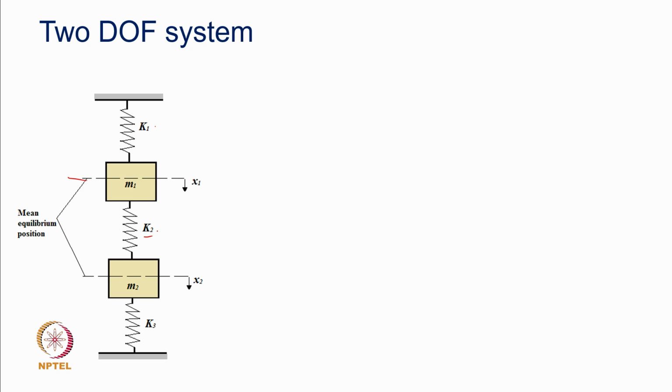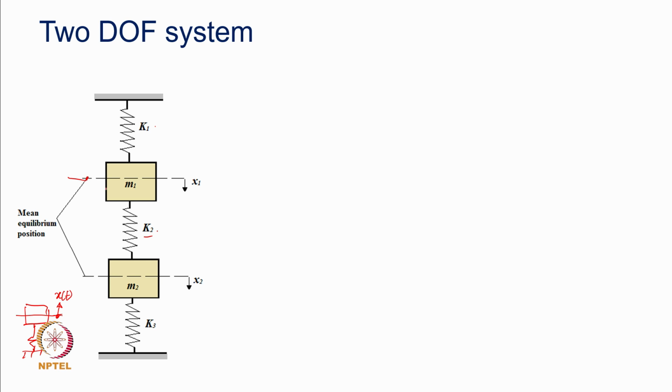So, their motion will be relative to these two mean equilibrium positions. Okay. The way we always used the mean equilibrium position for a single degree of freedom system, we never needed to account for the weight of the mass, and that weight of the mass takes care of the static deflection, and then we define the motion with respect to this mean equilibrium position.